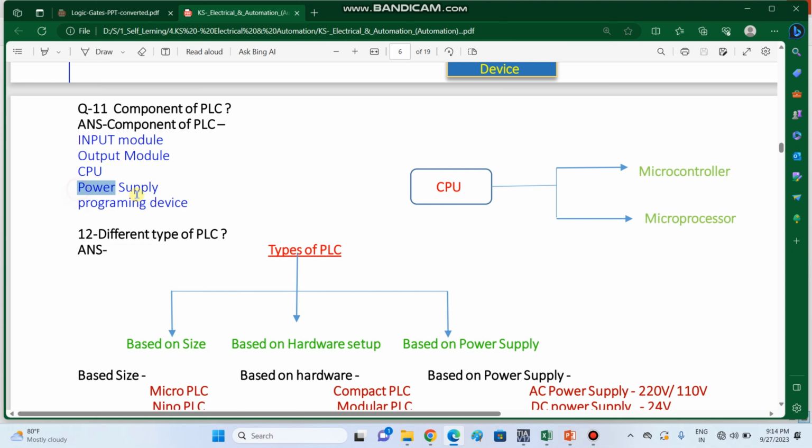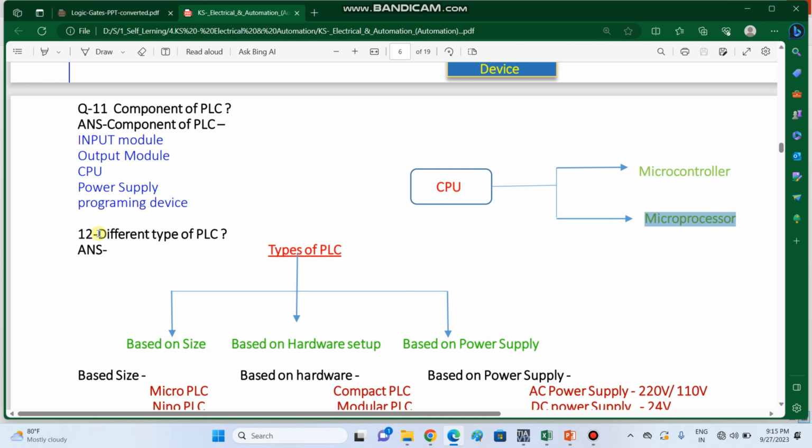The power supply is an SMPS, so SMPS or AC power supply or DC power supply. Regarding the CPU, there are two types of CPU: microcontroller based and microprocessor based.